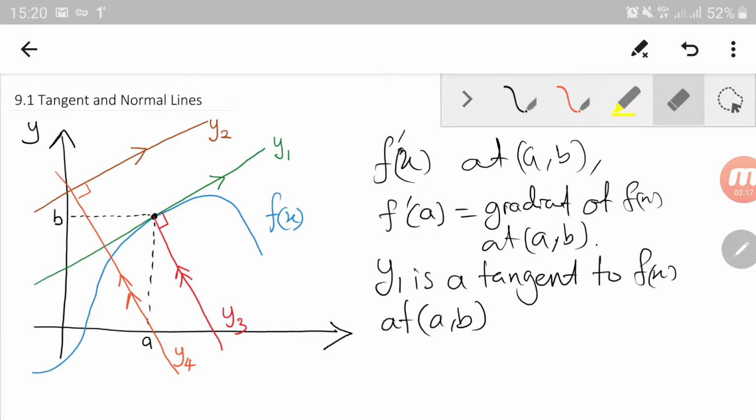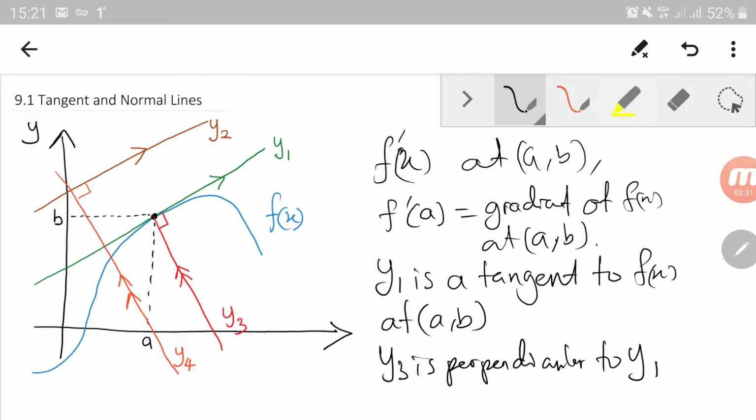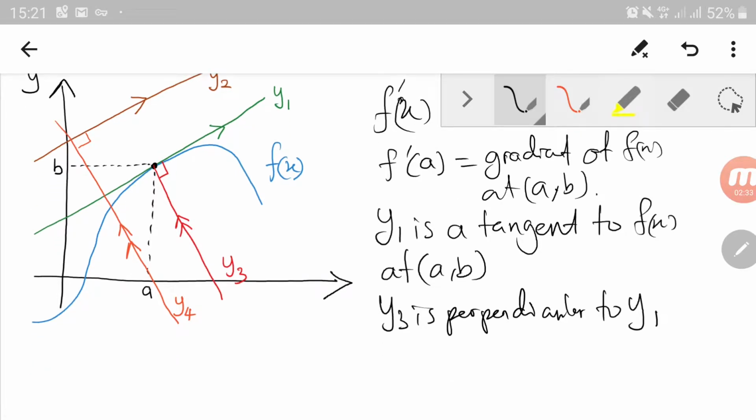So when two lines are 90 degrees to each other, it means that y3 is perpendicular to y1.